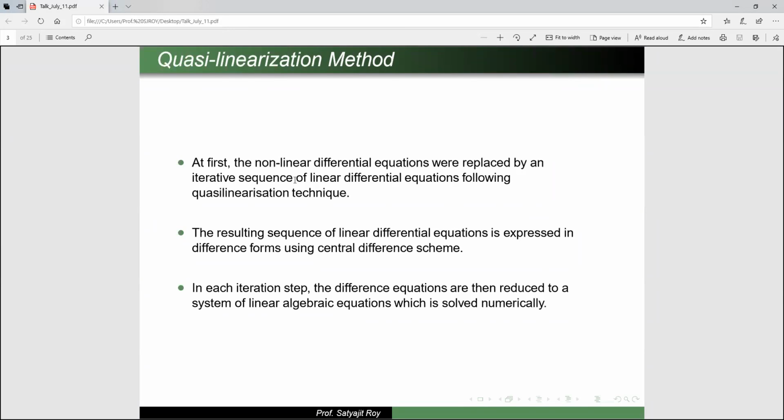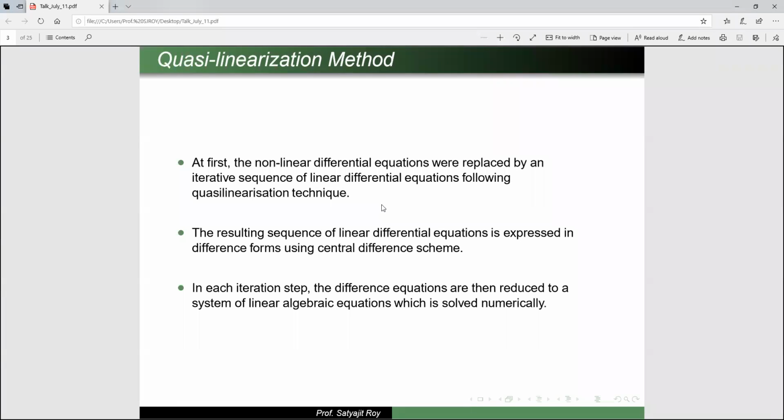This linear equation changes at each iteration, so we are improving the linear equation so that it closely approximates the nonlinear differential equation. If you have two coupled equations, you will have two sequences of linear differential equations. Mainly we are generating a sequence of solutions.